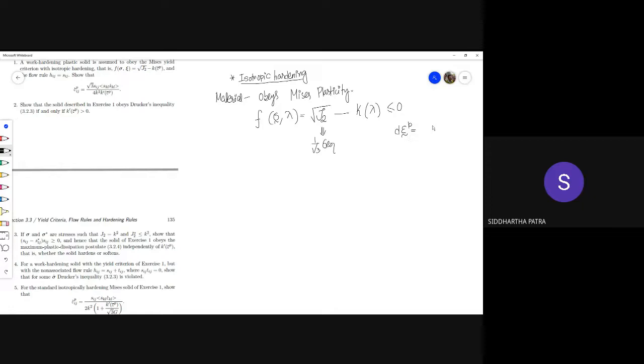So this can be written as d lambda times 3/2 sigma equivalent times S.